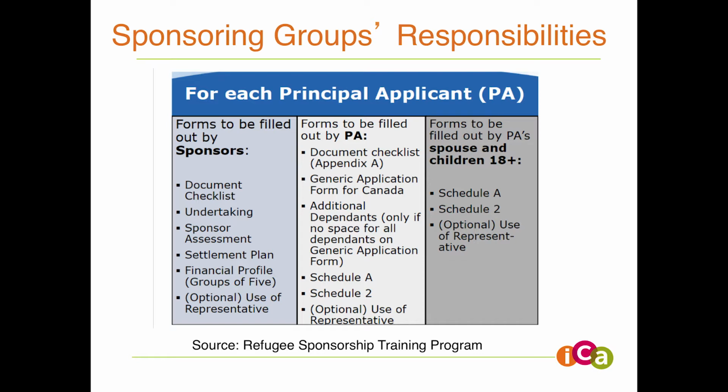Okay? So we are talking here about principal applicants, and this is a very important concept to understand. The principal applicant on a refugee application is the person with the strongest refugee claim. It is typically the father or the mother in the family. For some people, it doesn't really matter who becomes the principal applicant. Let's say it is a Syrian family, and they're fleeing generalized violence in Syria.